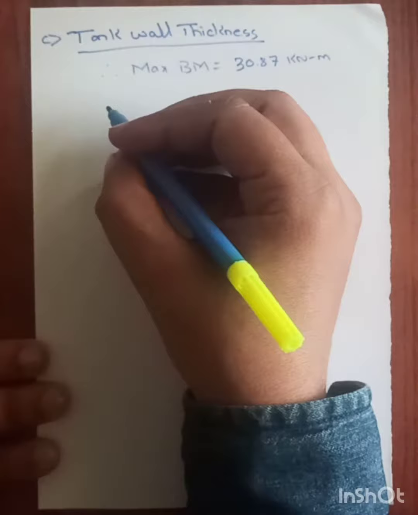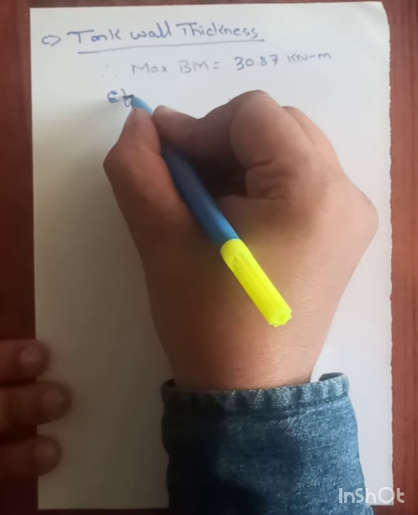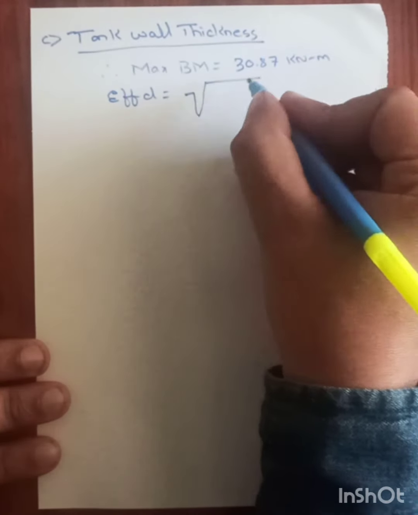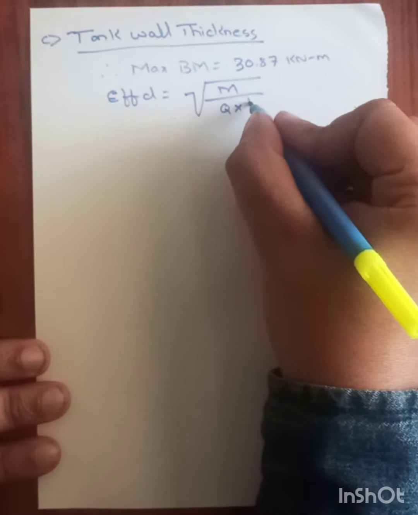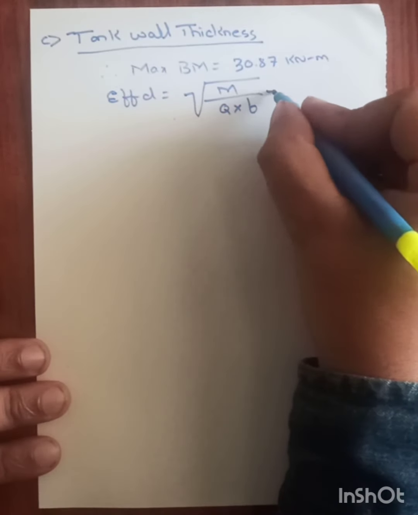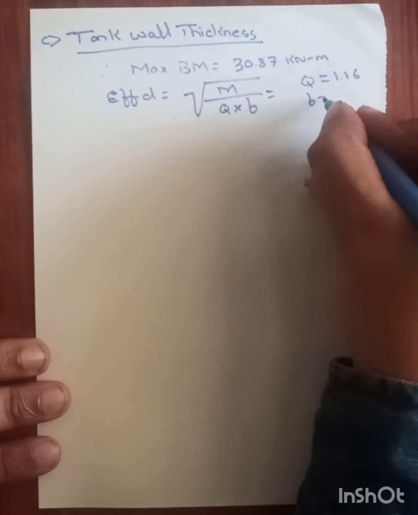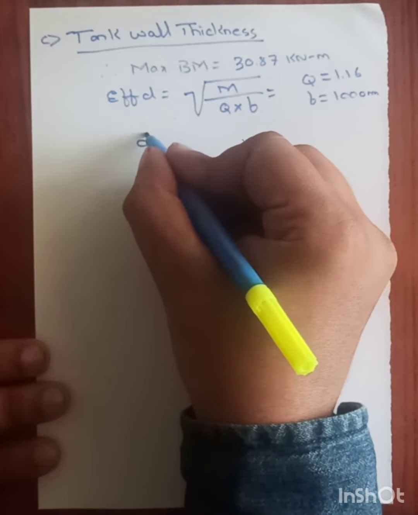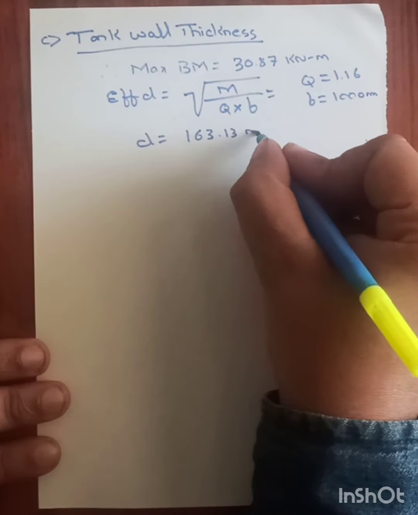It is the maximum one among all the four. So effective depth, you know the formula: if moment is known, square root of m by q into b. Here q we have 1.16 and b is 1000 mm, 1 meter. So d we get 163.13 mm.